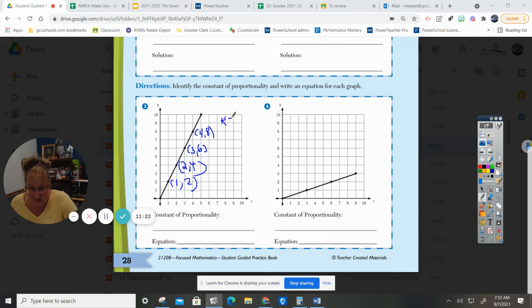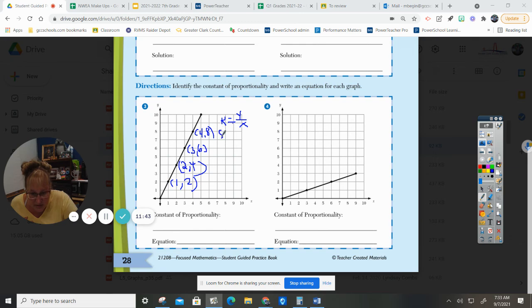My k equals y over x. And I'm just going to show you if I put 4 over 8, that's the same as 3 over 6. Oh, nope, begin. What did I do wrong? Who saw it? I put my x over my y.